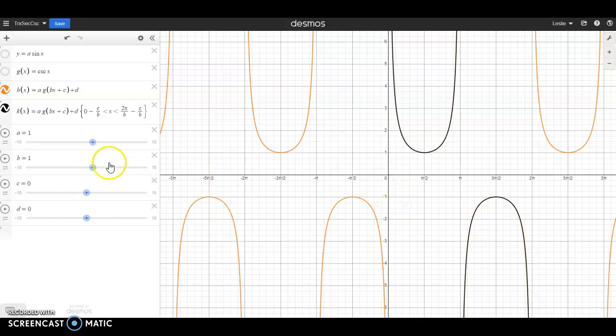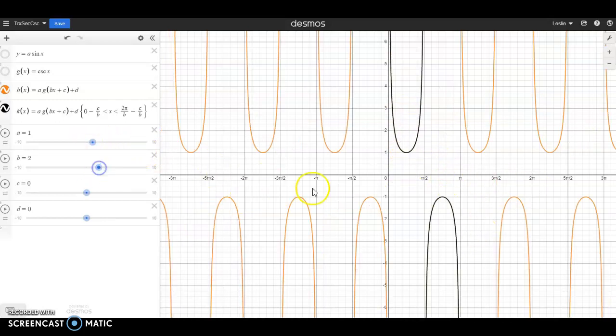So when I change B to a larger number, say 2, it's going to give me 2 copies. I'm going to end up with 4 loops. B is 2. Now you can see 1 cycle is still highlighted in black, but between 0 and 2 pi, I have 1, 2, 3, 4 loops.